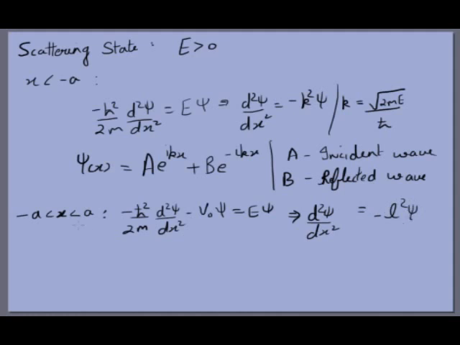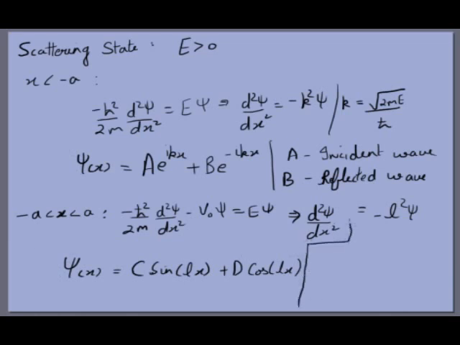But since we are only looking at scattering state solutions, in this region within the well, we'll write psi of x is equal to C sine of Lx plus D cos of Lx. So this is for x less than minus a, this is for minus a less than x less than a.